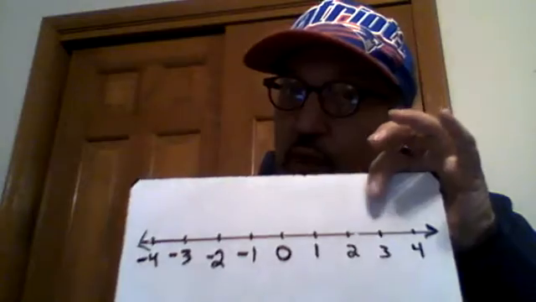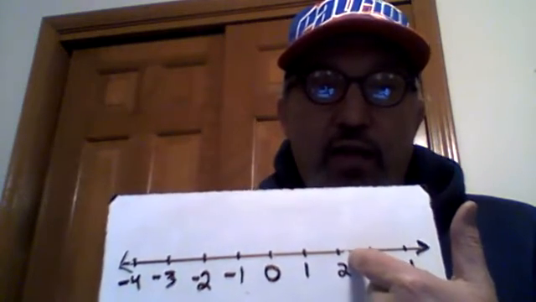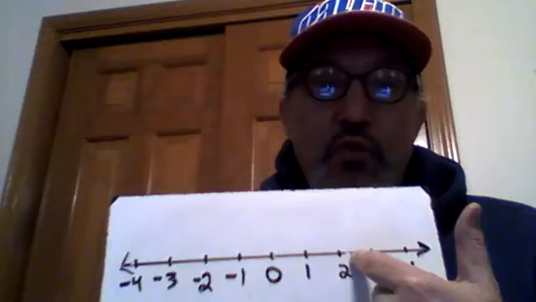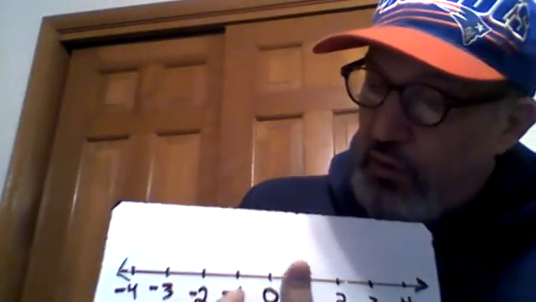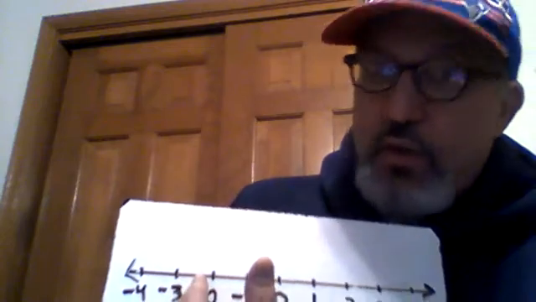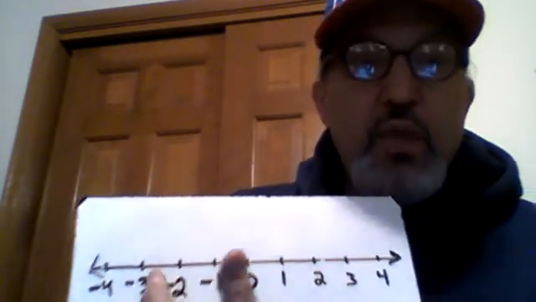It works the same way for the fractions. We know, of course, that there's a fraction 2.5. Fraction 2.5, or 5 halves, is 2.5 units to the right of 0. If you go 2.5 units to the left of 0, you will be at a point known as negative 2.5.